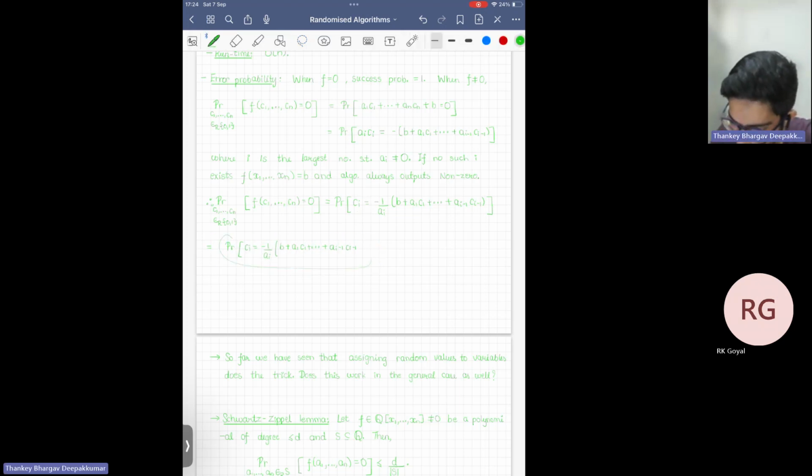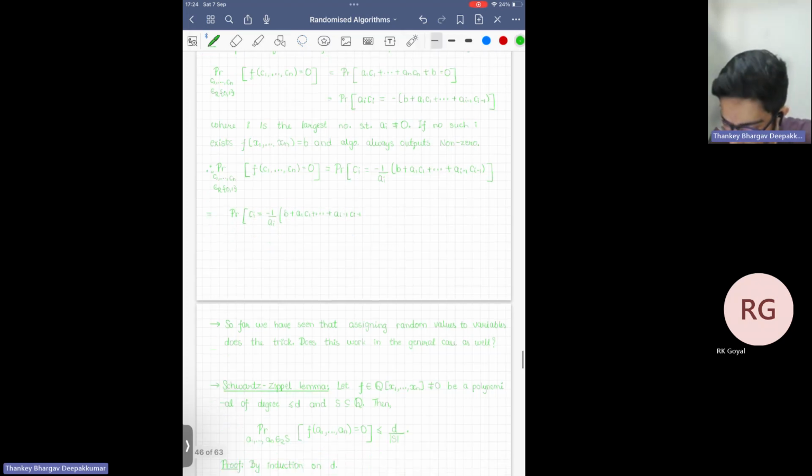Okay, so I said let's fix everything other than Ci and see what happens. But the formal way to do that is this. Probability.